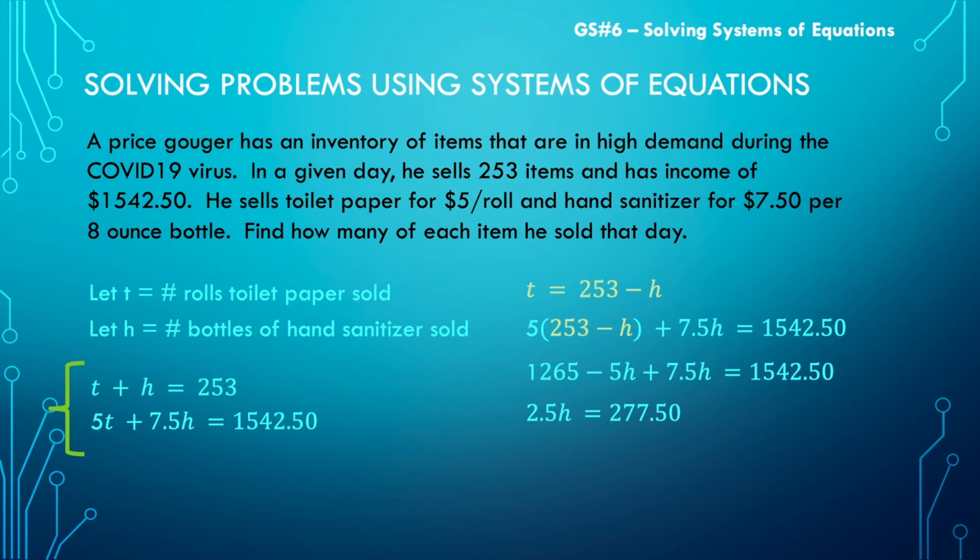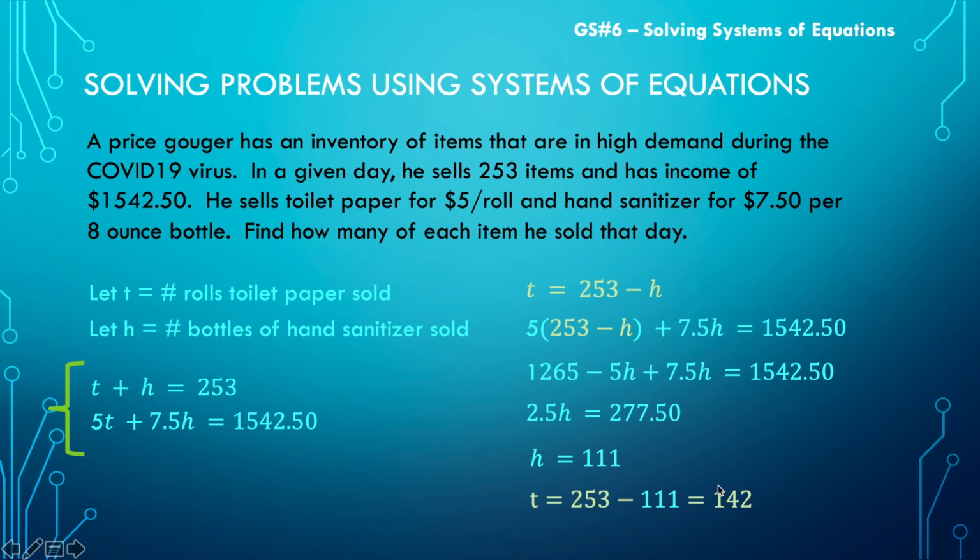I can further isolate the h by dividing out the 2.5 and find that h is equal to 111. Now, as we did before, we're going to sub that 111 back in here to find t. So t is equal to 253 minus 111, which will equal 142.